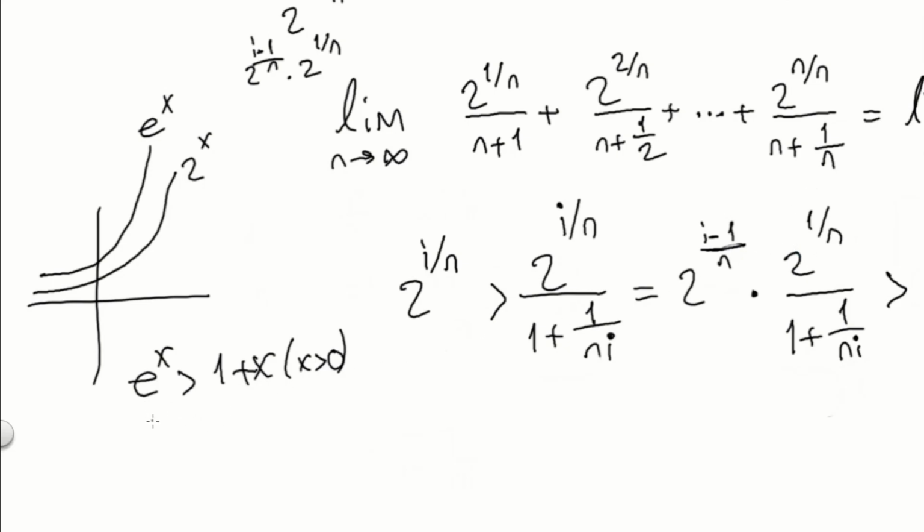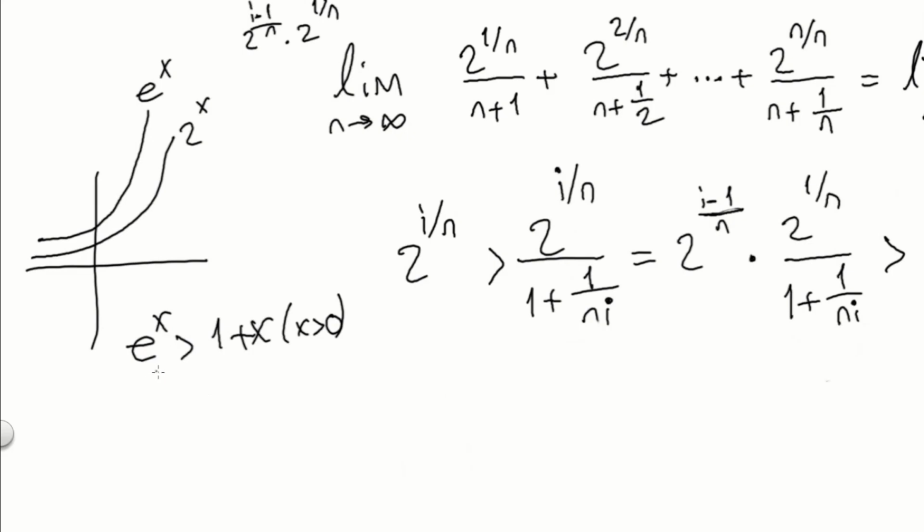So now we will find a similar analogy for 2 to the x. It won't be bigger than 1 plus x for this range, but it will be pretty close to that. The way I can do this is I will assume that 2 to the x is bigger than 1 plus x times a, and I will say this is true for x bigger than 0.